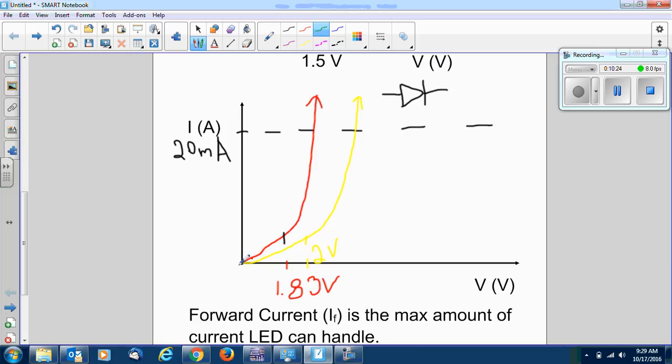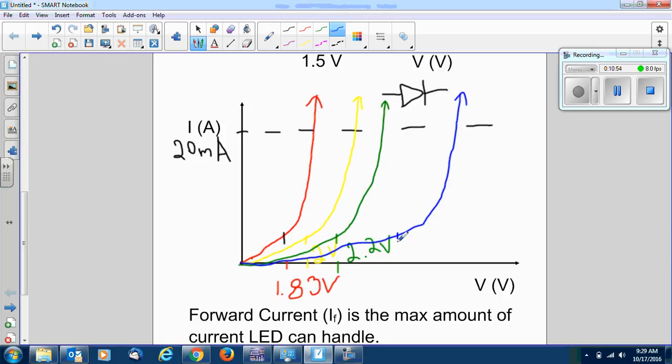Now what if I have a green? It's even further out. So this one is around 2.2 volts. Now I don't have any blues in this class, but if you decide to buy some and use them, their curve is really way out here.